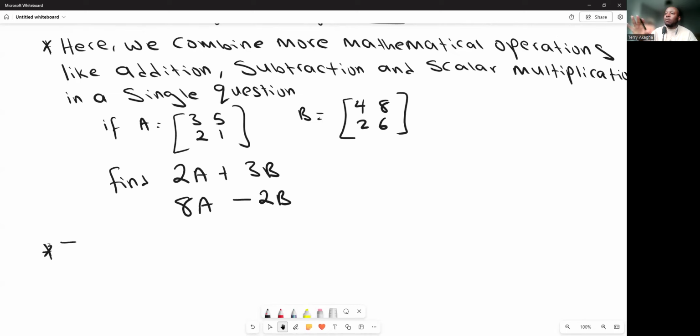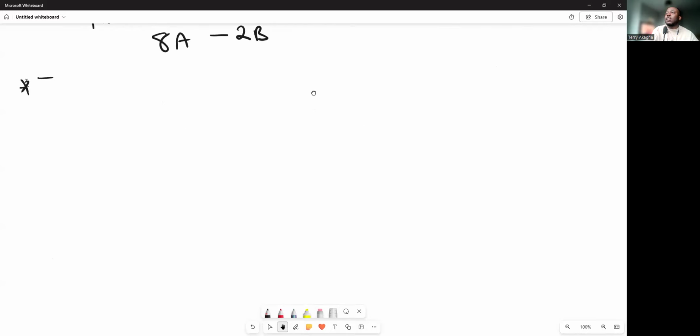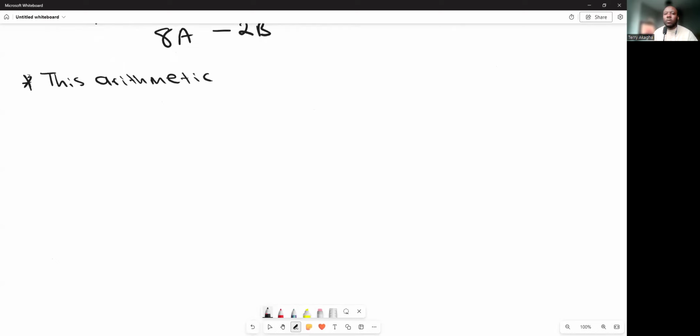So when you're solving 2A plus 3B or 8A minus 2B, it generally follows what? The BODMAS. So what you need to know is that this arithmetic broadly follows the BODMAS.